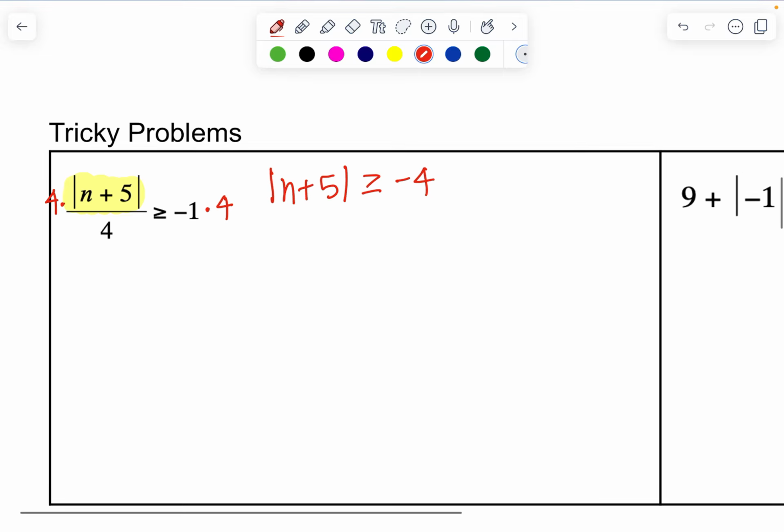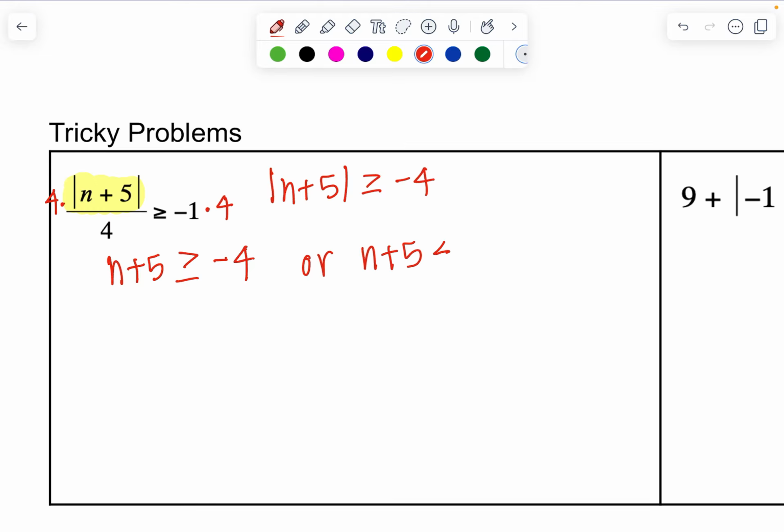If I split this up, because it's greater than, it's going to be an or. So n plus 5 greater than or equal to -4, or n plus 5 less than or equal to 4.